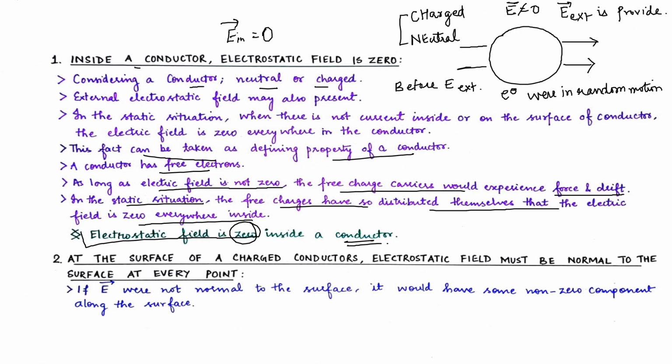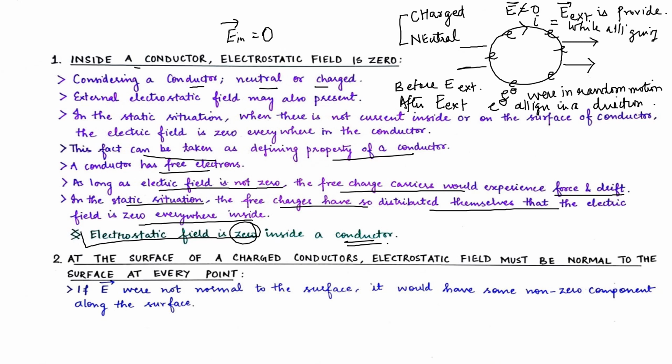Now, after E external is provided, electrons aligned in a direction. The electrons which are over here are aligned in a particular direction. While they were aligning, they were moving. Hence they were producing a current while aligning.